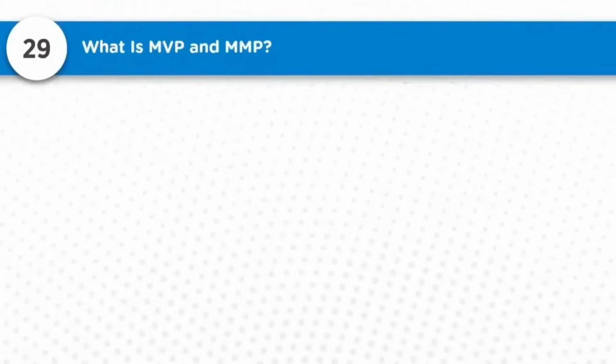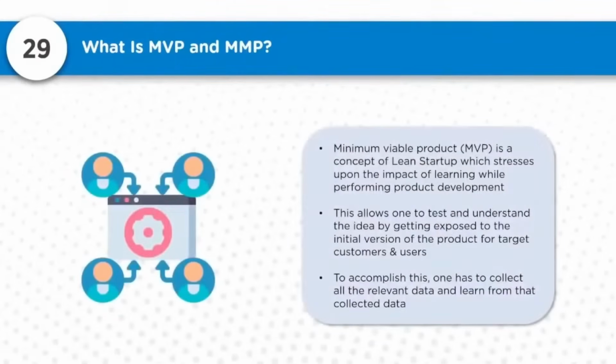So question 29, what is MVP and MMP, which means minimum viable product and minimal marketable product. Minimum viable product is a concept of lean startup which stresses the impact of learning while performing product development. This allows one to test and understand the idea by exposing the initial version of the product to target customers and users.